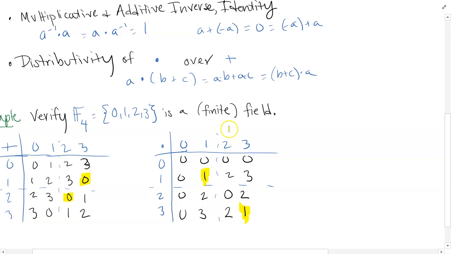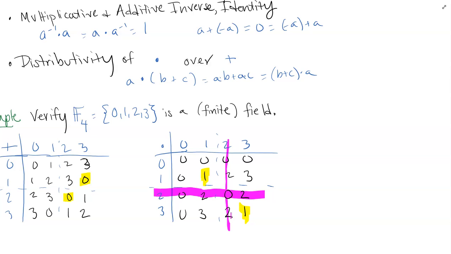But then I actually encounter a problem, right? If I look at 2, and I'm just going to highlight these two, if I look at 2 in either row or column, I don't have 2 times anything equaling the multiplicative identity, okay? So sometimes mathematicians use this as a field of 4 elements, but actually, when they do that, they're not referring to these typically, because this is not a field.